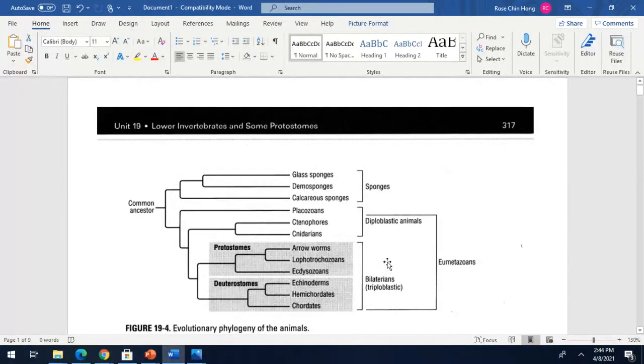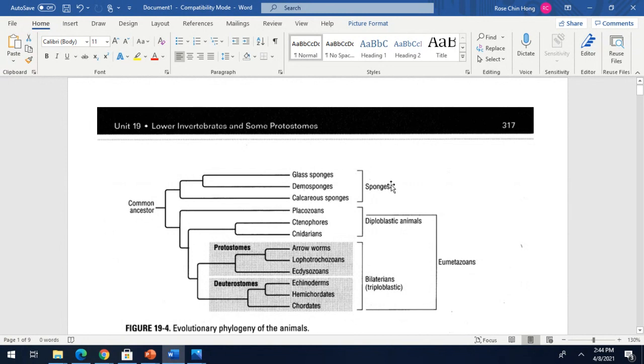And the triploblastic lineage is further divided into the type of animals that they can be, protostomes or deuterostomes, dependent on early cleavage and also the fate of the blastopore. All right. So our common ancestor here for the animals in our phylogeny, we have this other group, which are called the sponges.